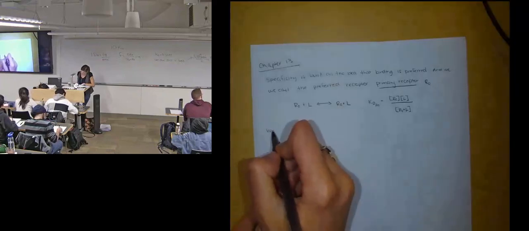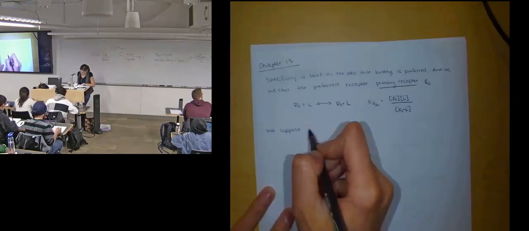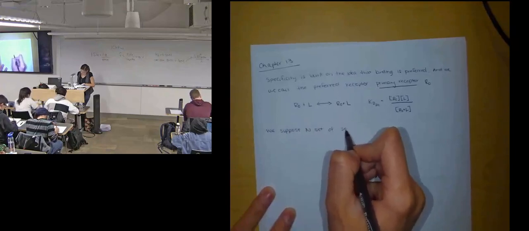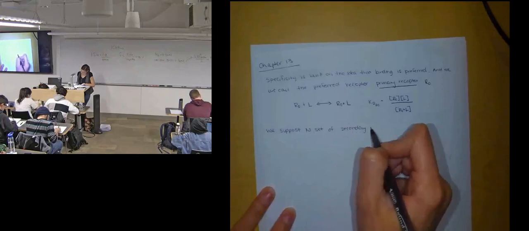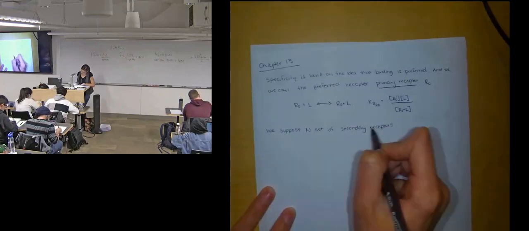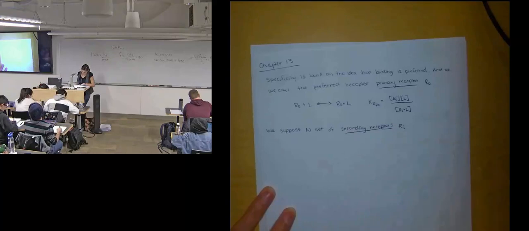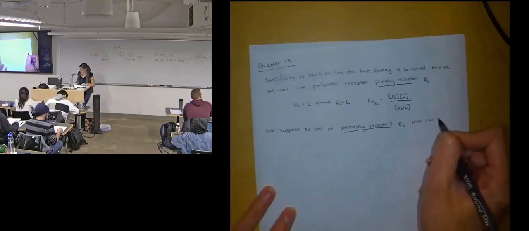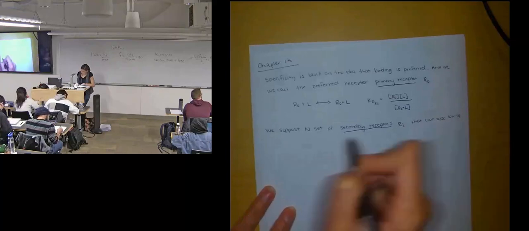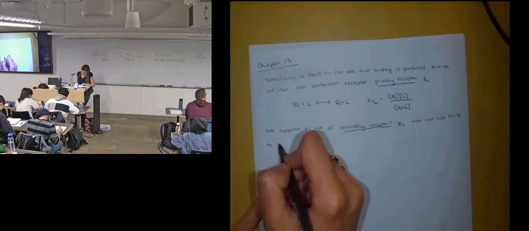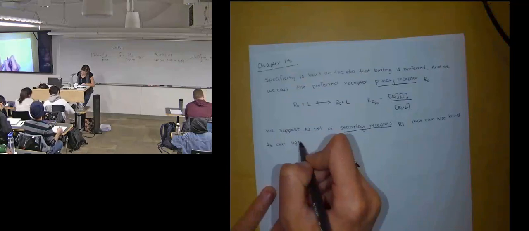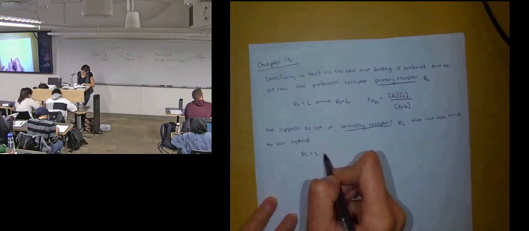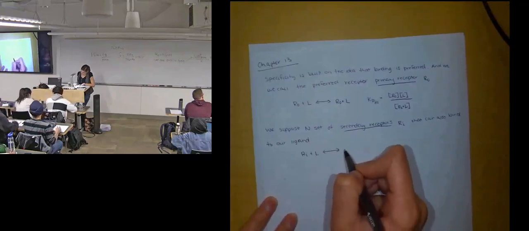And then we suppose that there are n set of secondary receptors given by R sub I. And these can also bind to our ligand of interest. And we can write a Kd, the dissociation constant for these.